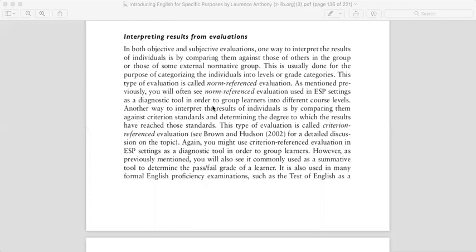What we do is compare the performance of one student with the rest of the students. So we set a marker or criterion according to the performance of that particular class.